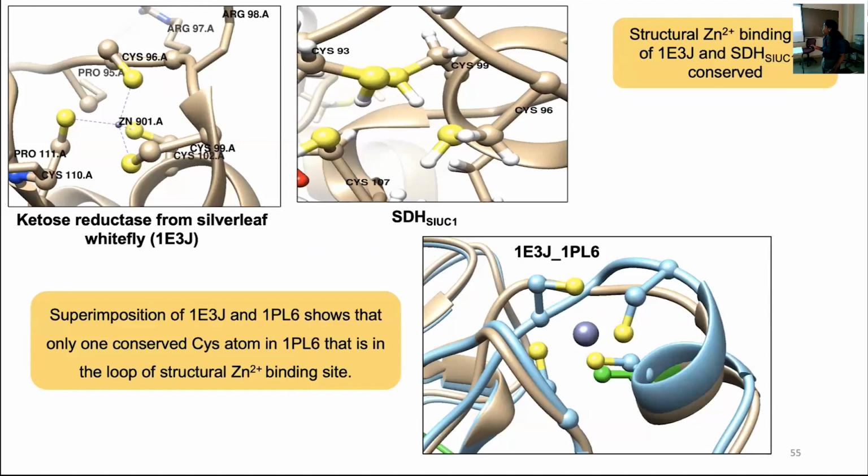This is the ketose reductase, which carries a structural zinc binding site, and this is the STH-SIUC1 structural zinc binding site. And here we have 1PL6, the human sorbitol dehydrogenase, which doesn't carry a structural zinc binding site. There are some cysteine residues conserved, but the whole structural zinc binding site is not conserved in human sorbitol dehydrogenase, but it is present in STH-SIUC1.